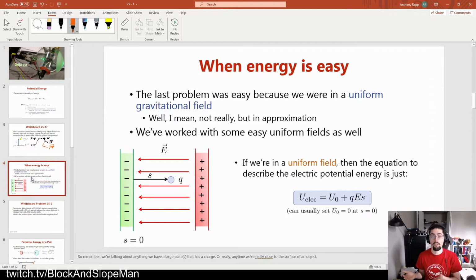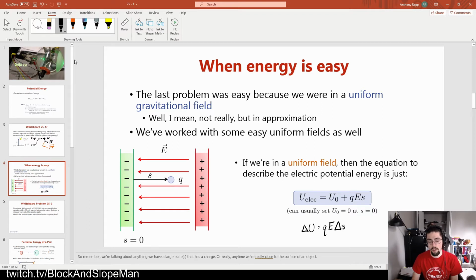Well, we've got our good friend, the parallel plate capacitor, or just any infinite plane for that matter. So specifically in this case, what I have is that I can define my electric potential energy as, well, a change of electric potential energy. Let me go ahead and write that. The change of electric potential energy could be something like Q E delta S.